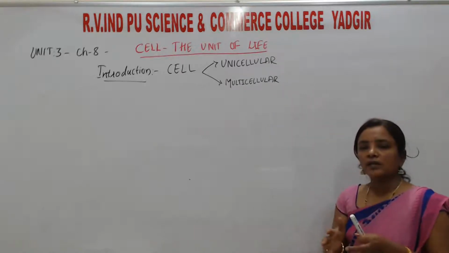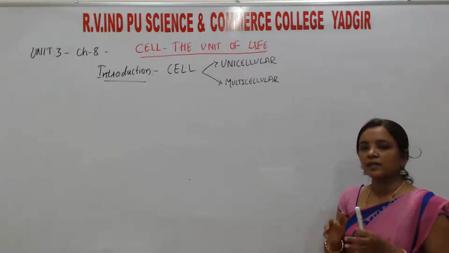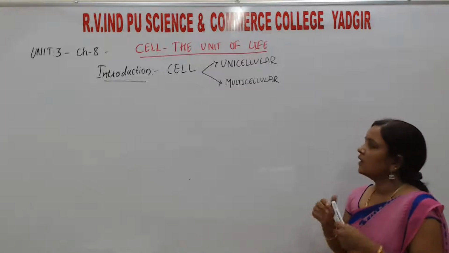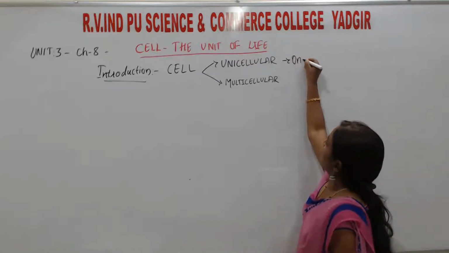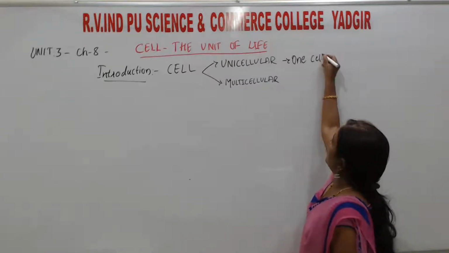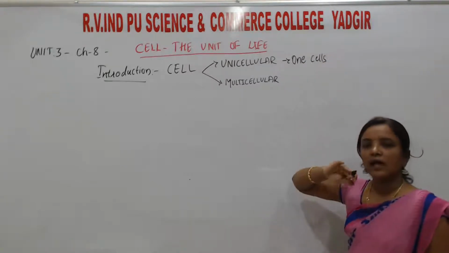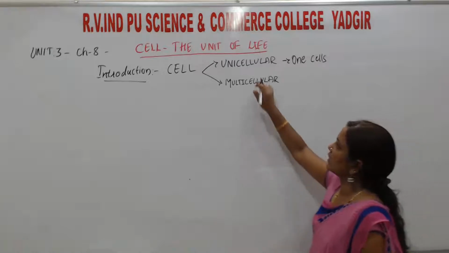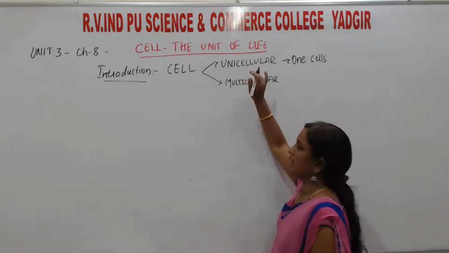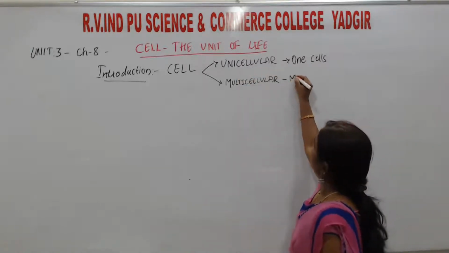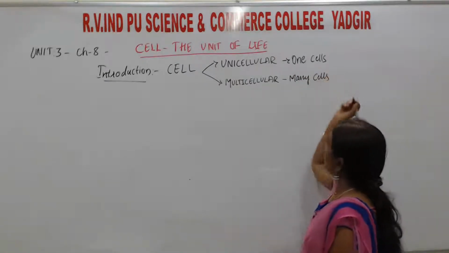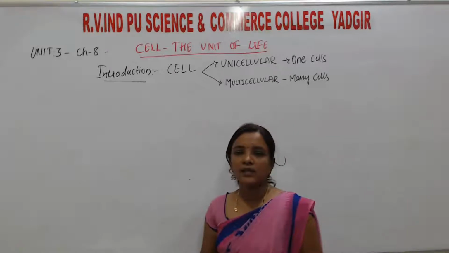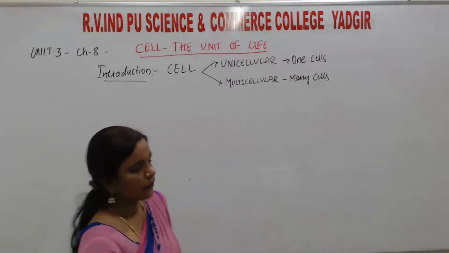Based on the presence of cells, some organisms have only one cell. They are grouped and we call them unicellular. And if they have many cells, more than two, then they are considered multicellular.